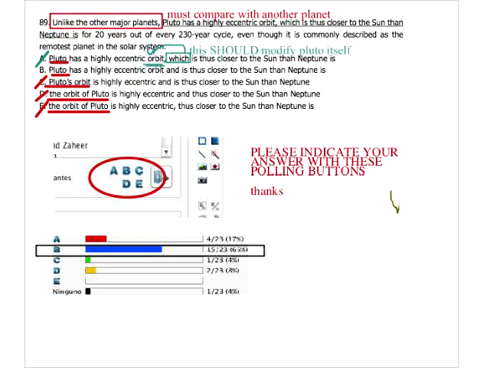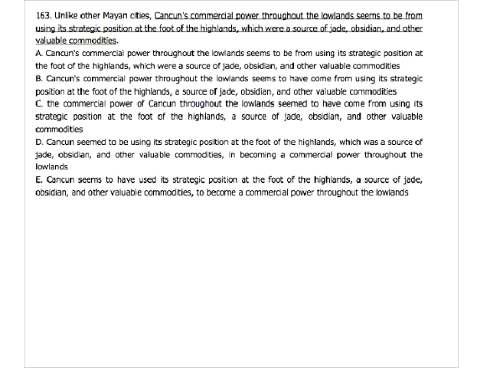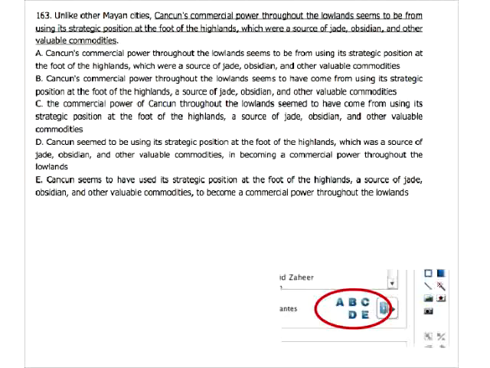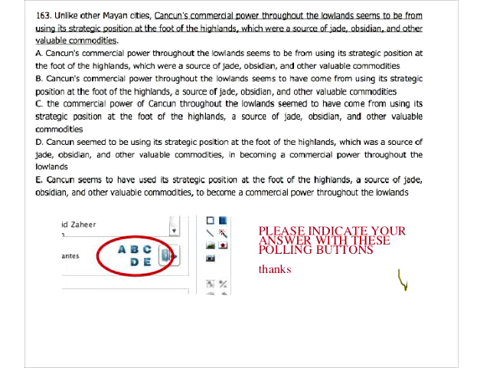Okay, let's do another one. Let's try this. Again, if you are relatively new to this session, please indicate your answer with the polling buttons. Thank you very much. Timer. Okay, let's set it to a minute left.